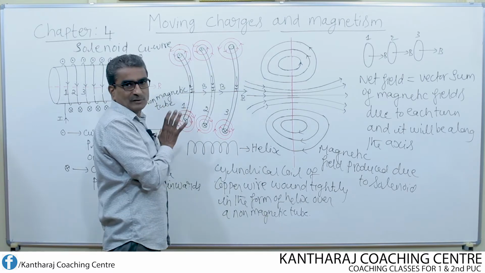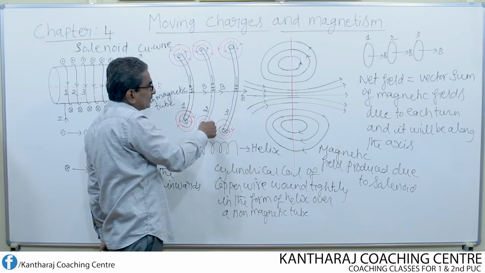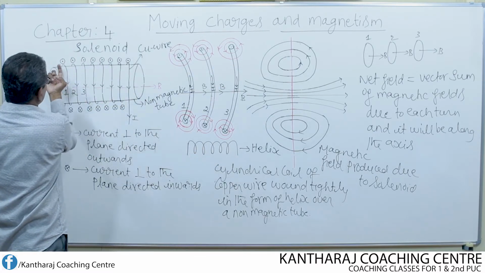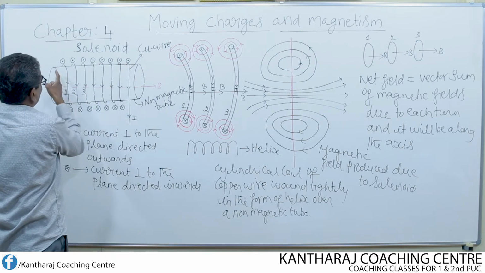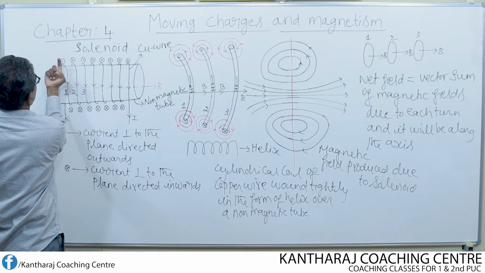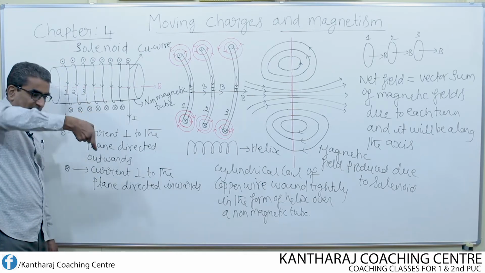Different direction of the field both at the top as well as at the bottom, though through each turn current flows in the same direction, whereas with respect to the top of the solenoid, it is found that the current flows outwards like this, whereas with respect to the bottom of the solenoid the current flows inwards like this.